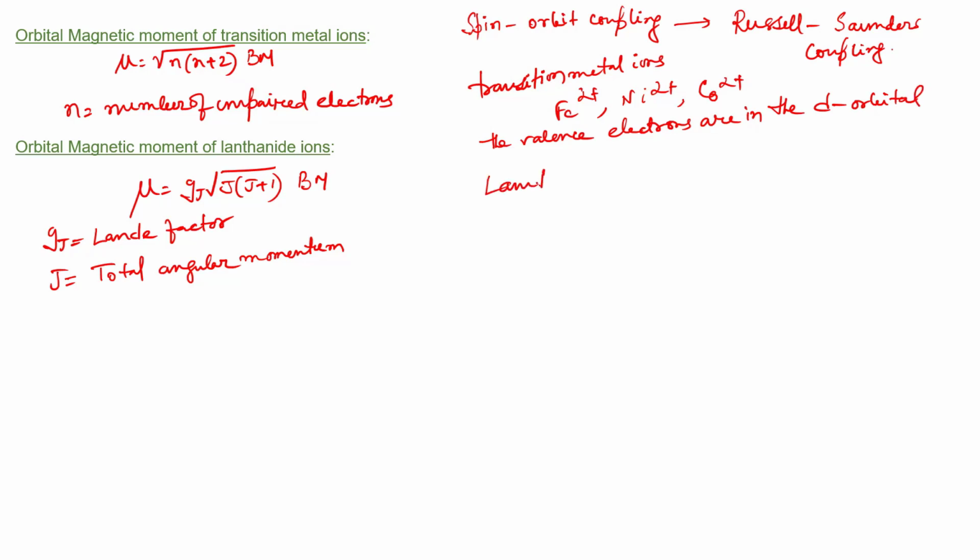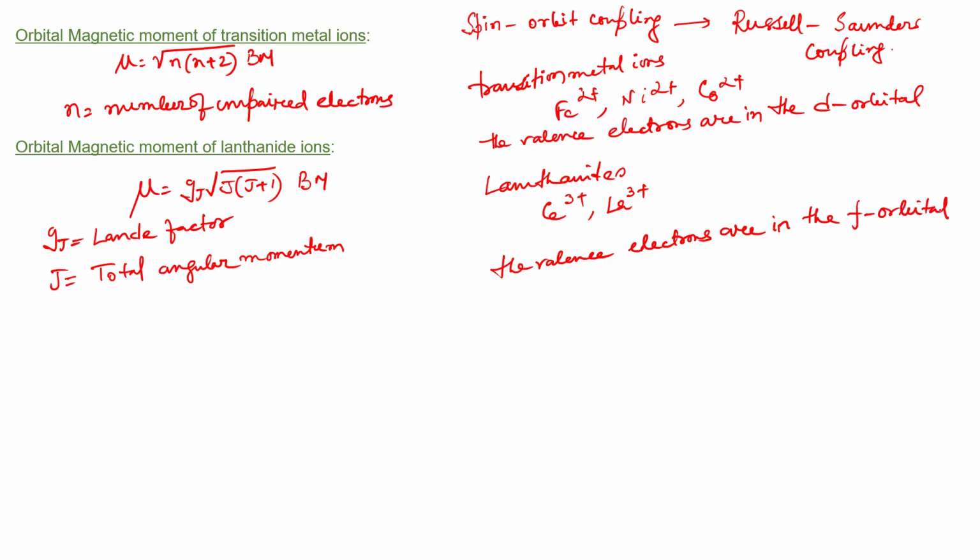but for lanthanides like cerium, lanthanum, the valence electrons are in the f orbital. Now coming to the electronic configuration of cerium, which is 4f1, 5d1, 6s2.